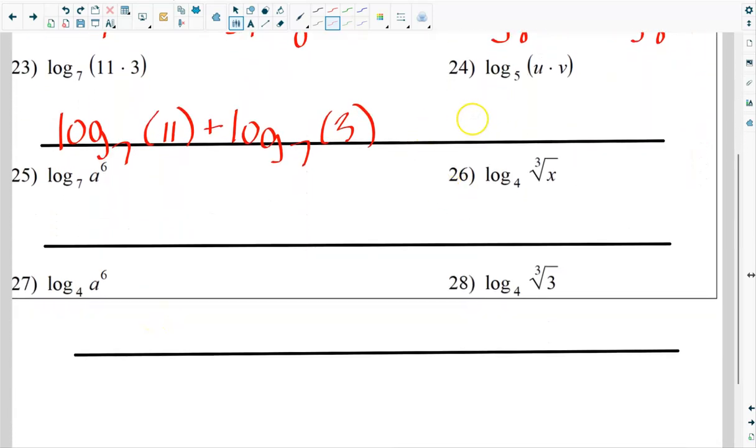Once again, we have the product property here, u plus v. The base is very important. You've got to have matching bases, otherwise this doesn't work. And I forgot the u there.